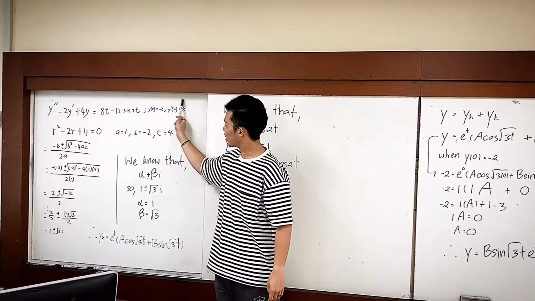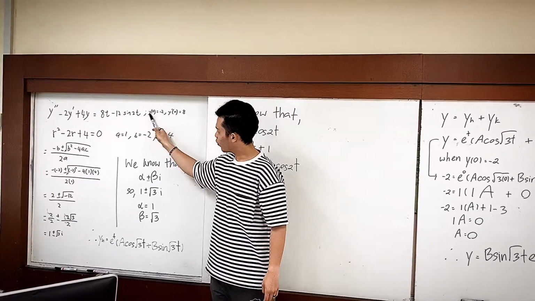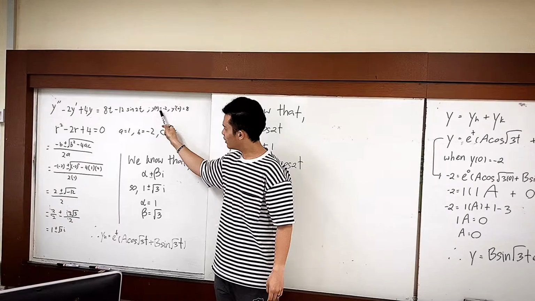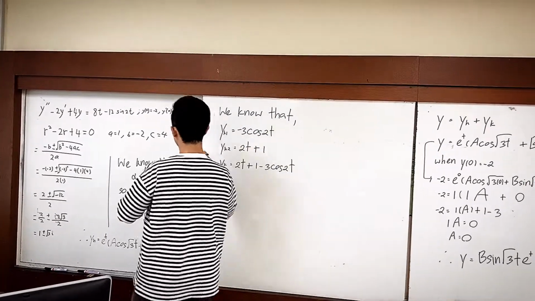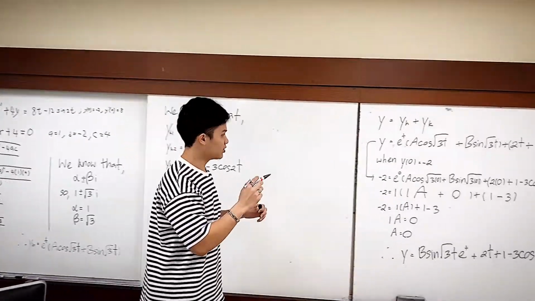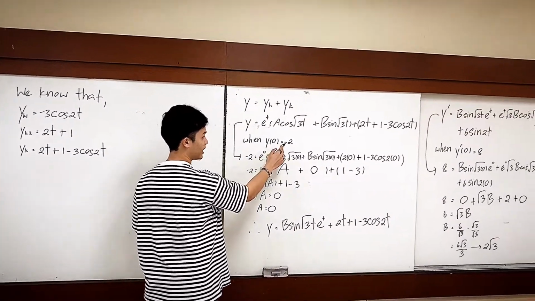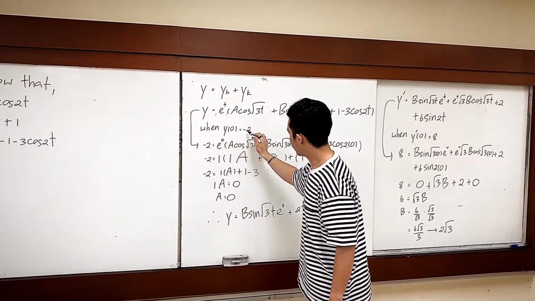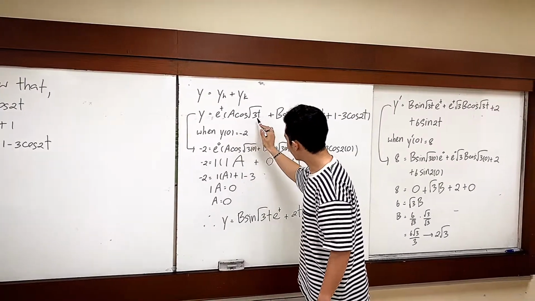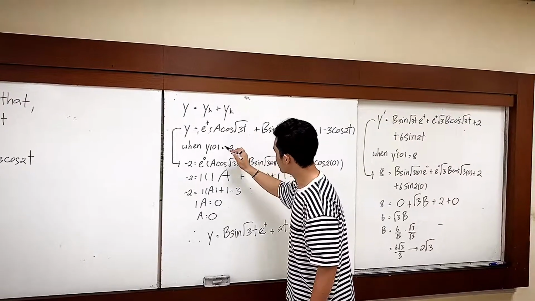This one, initial value. When y(0) equals negative 2, which means that y is negative 2, and whatever t is, t is 0.